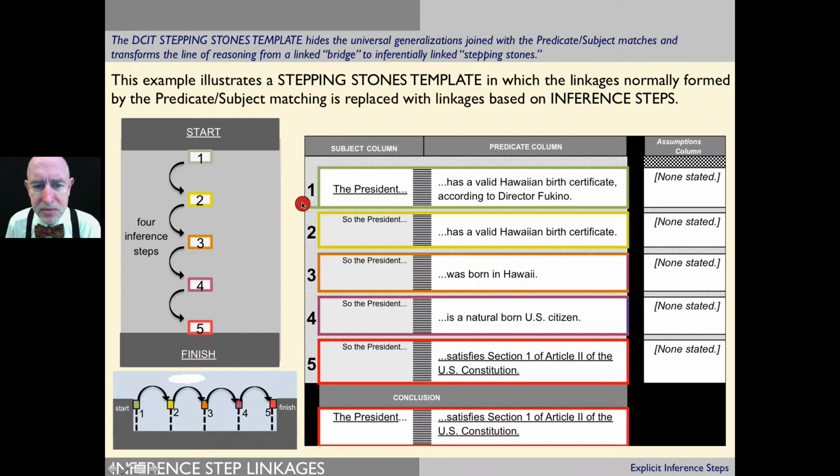So this is one way you often can see missing premises in reasoning. And here, of course, the connections aren't being made, as you see down here, but it's the inference steps that are made through the implication that exists of the individual premises. Thank you.